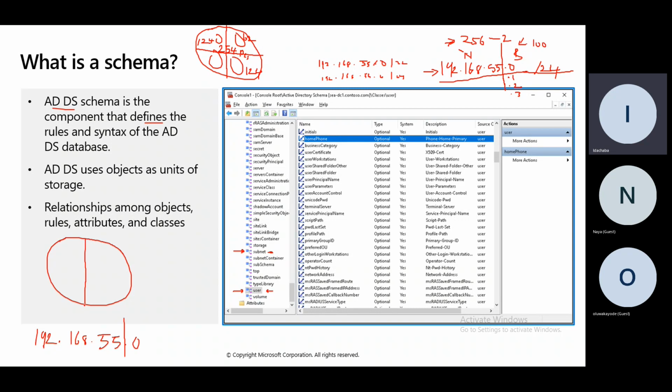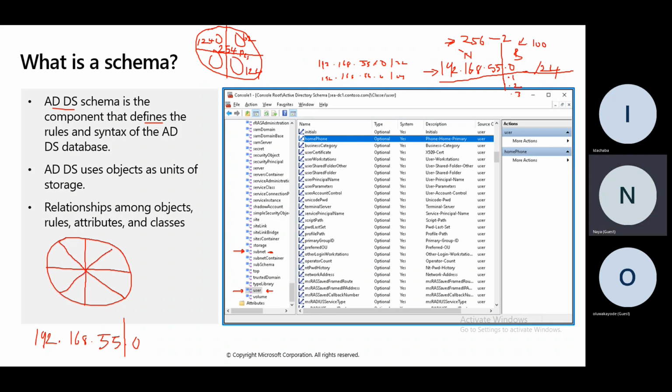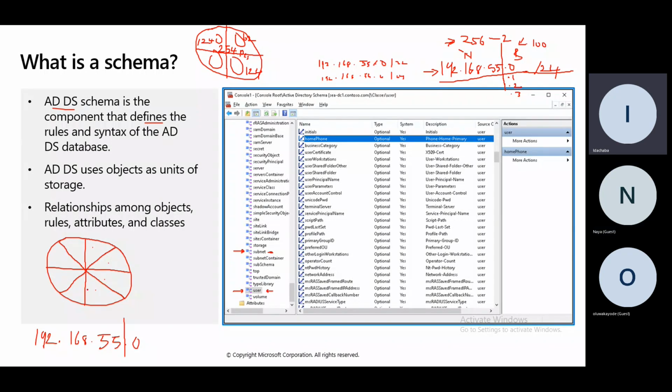So that's 1, 2, 3, 4, 5, 6, 7, 8. Each one contains how many computers? 30. Do you understand?